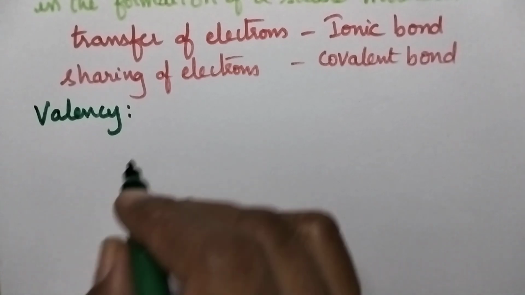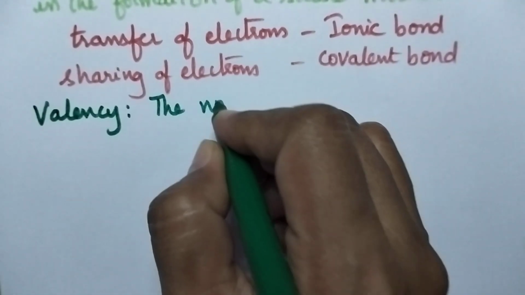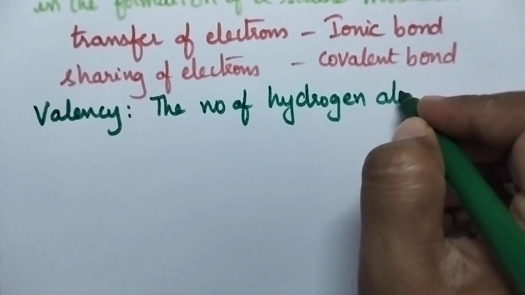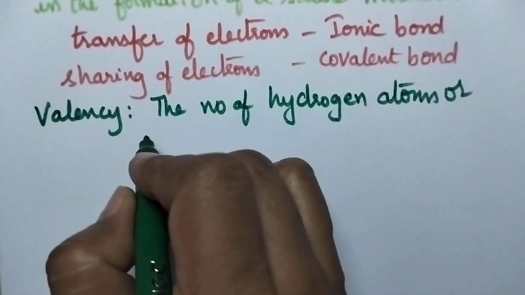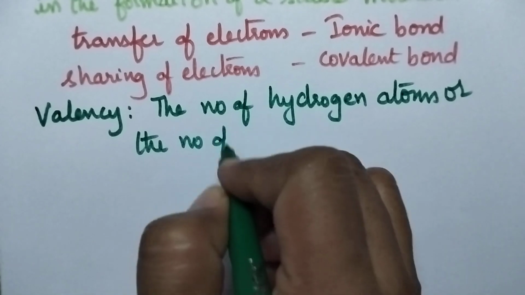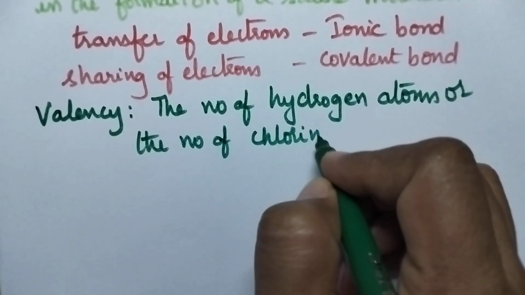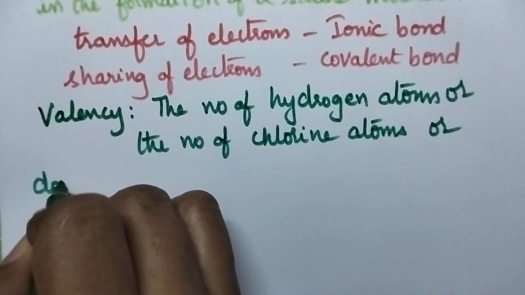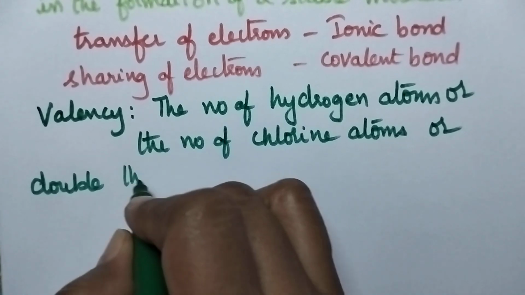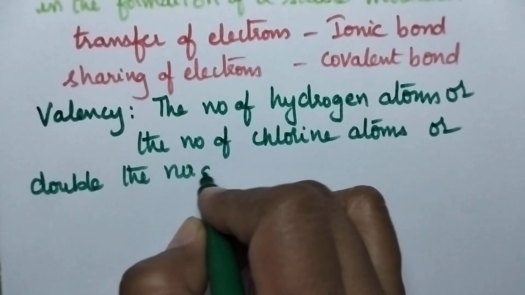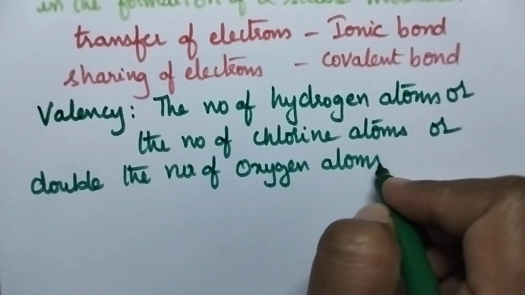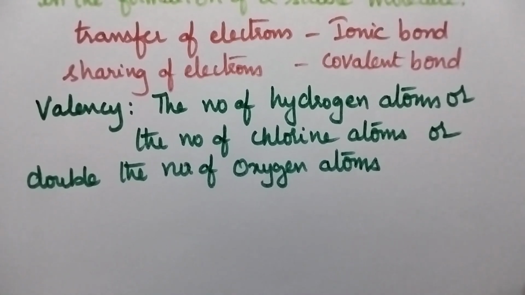Valency means the number of hydrogen atoms, or the number of chlorine atoms, or double the number of oxygen atoms with which an atom of the element combines.